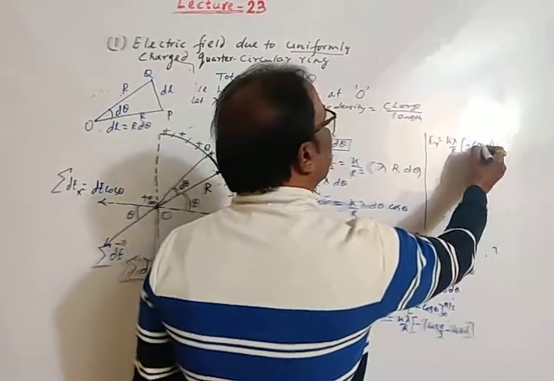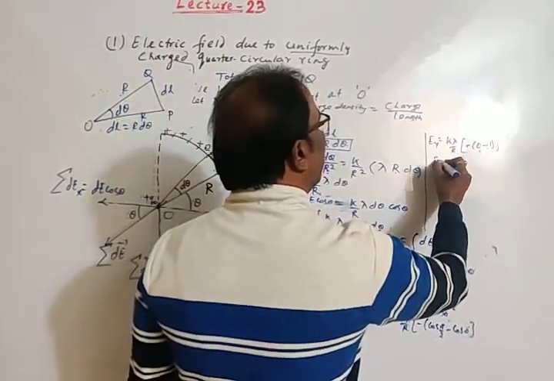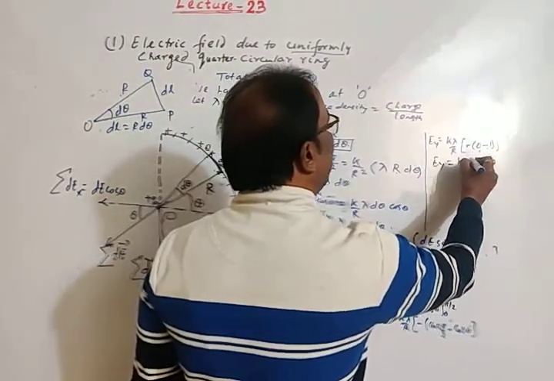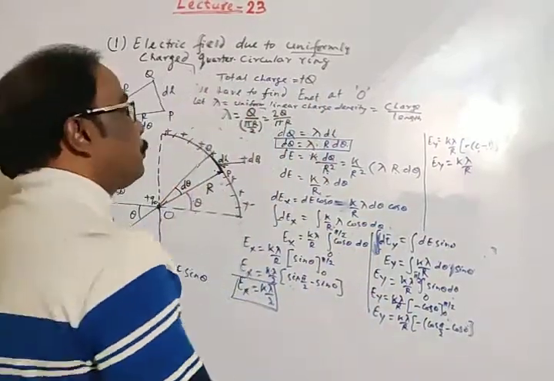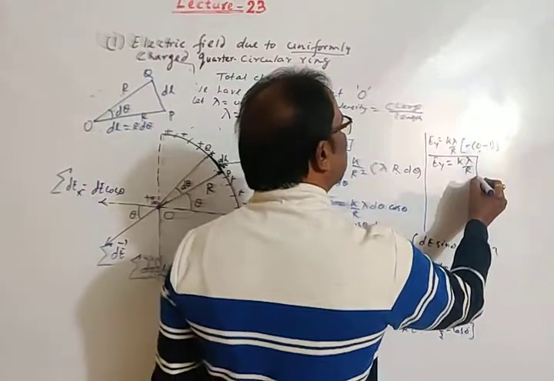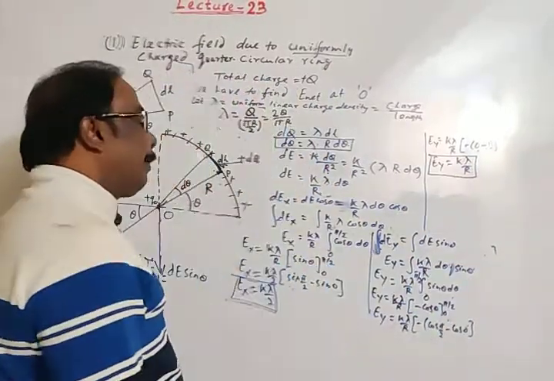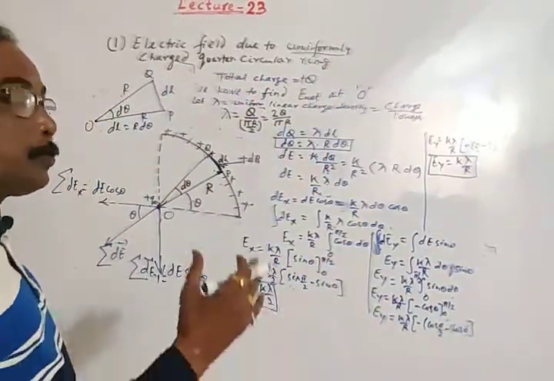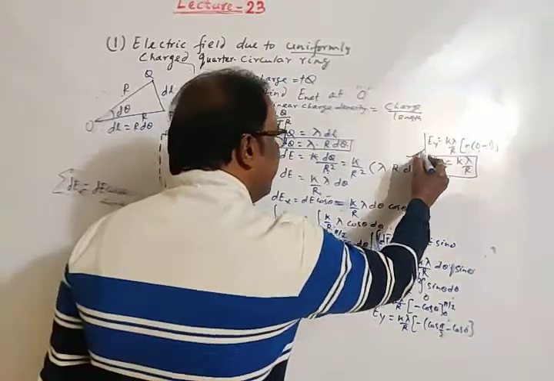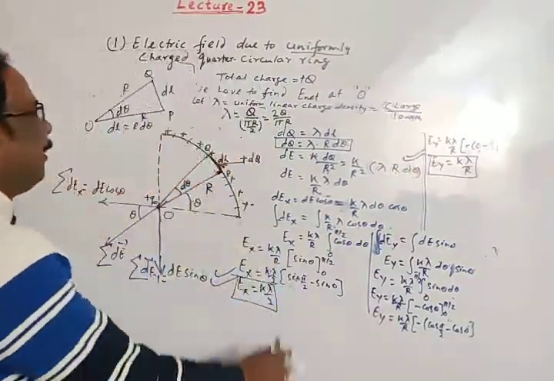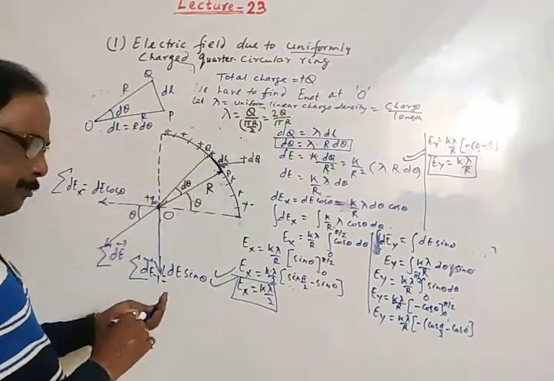So this is minus 1 into minus, giving plus, so the electric field along the y-axis is again k lambda by r. So the electric field along the x-axis is k lambda by r, and the electric field along the y-axis is also k lambda by r, Ex and Ey.